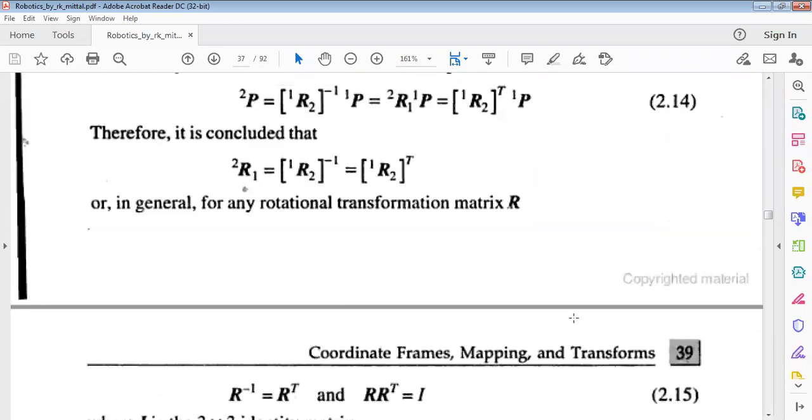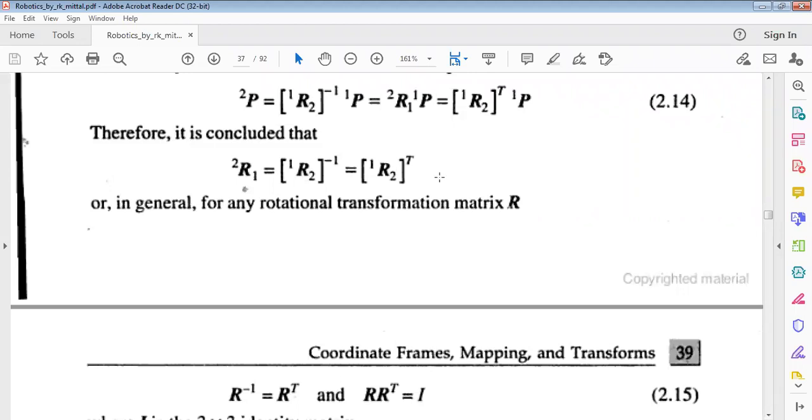The properties of this rotation matrix: the determinant of this rotation matrix is always 1. The product of the R matrix and its transpose matrix is always the unit matrix.